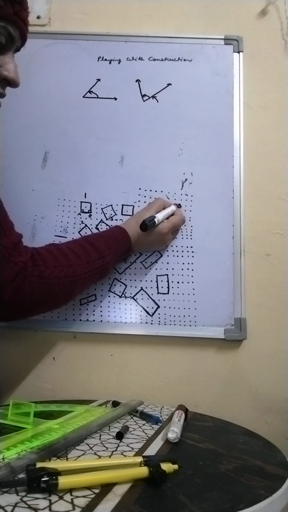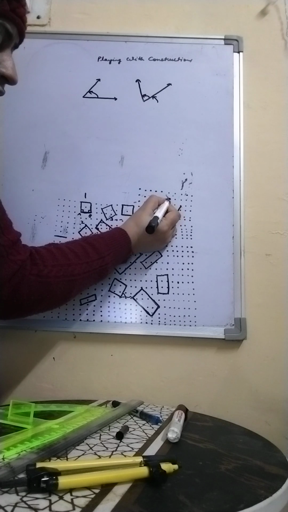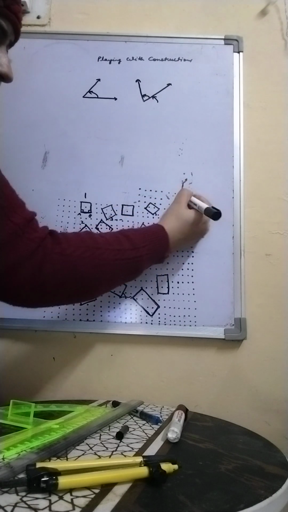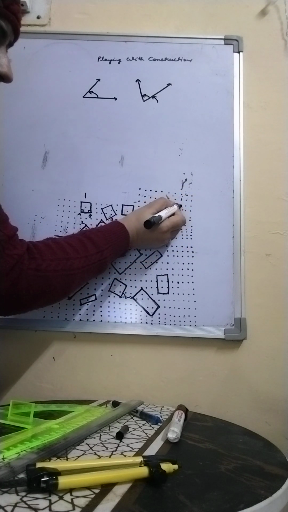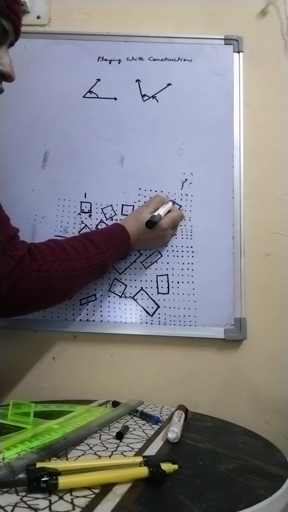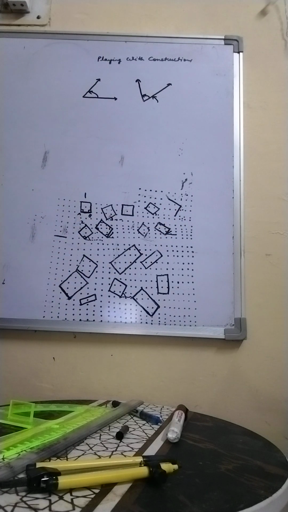So in this way, while drawing this line, this is the original line, and I would leave one line and join the second dot.